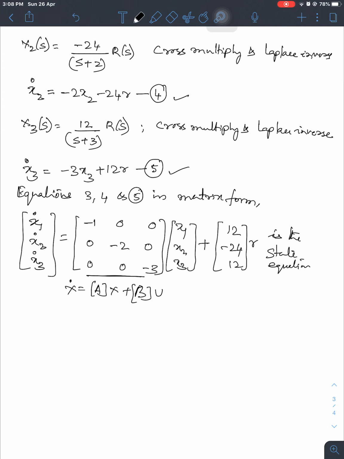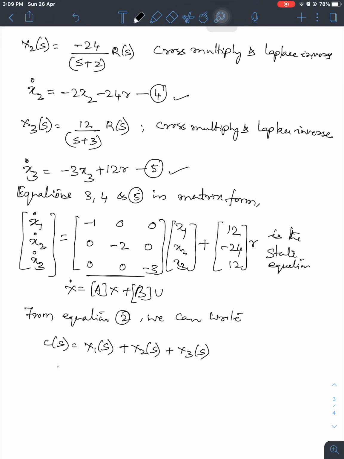From equation 2 we can write C(s) equal to X1(s) plus X2(s) plus X3(s).